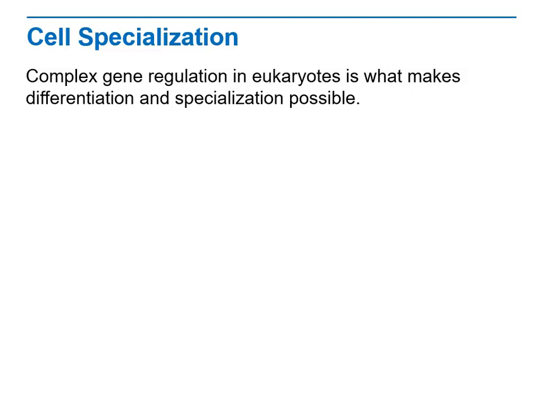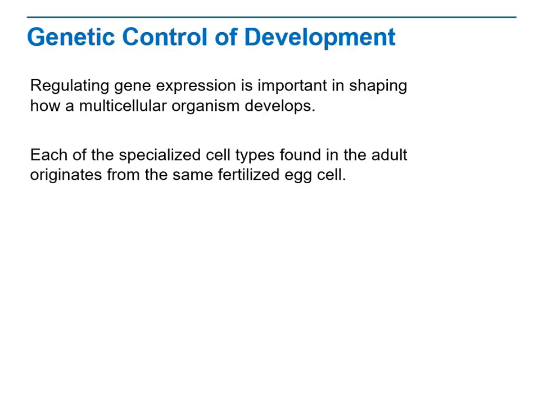Cell differentiation requires genetic specialization, yet most of the cells in a multicellular organism carry the same DNA in their nucleus. What controls the development of cells and tissues in multicellular organisms?